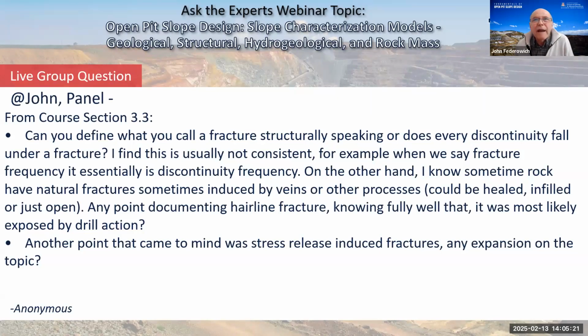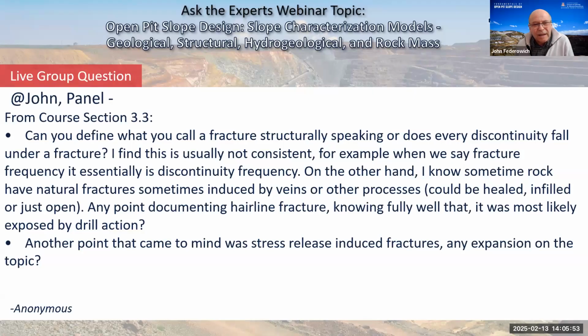If it's a hairline fracture characterized by coatings or some type of little bit of movement, then I would say it's possible, but it all comes down to the scale of the project and the scale of the information that's needed.